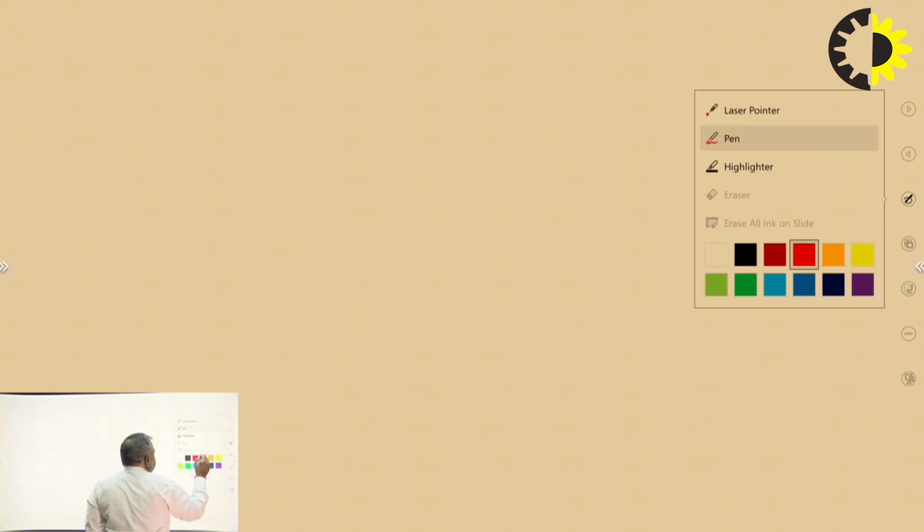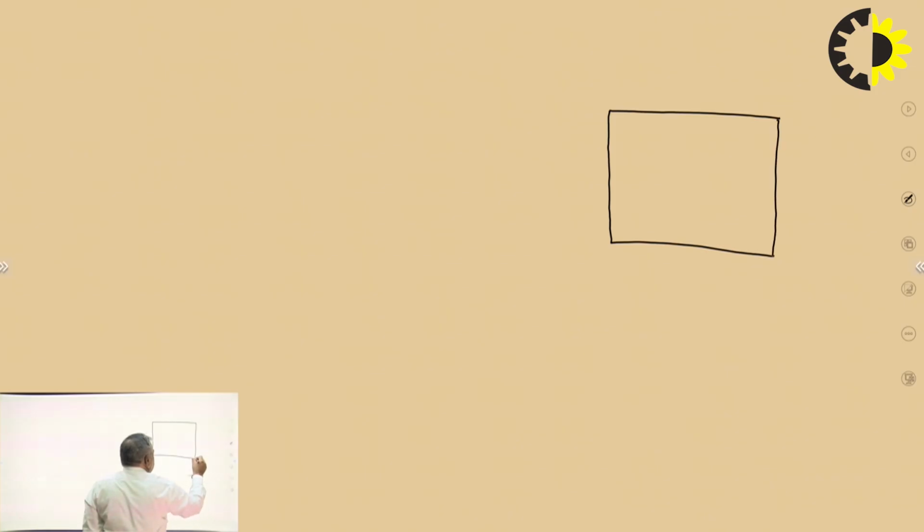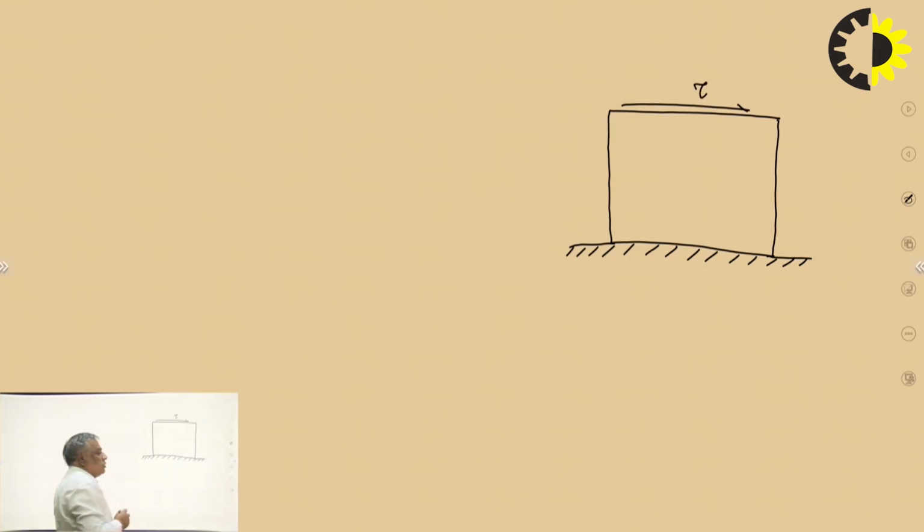I consider a square block. This is a square block, grounded, and it is subjected to a shear stress tau.